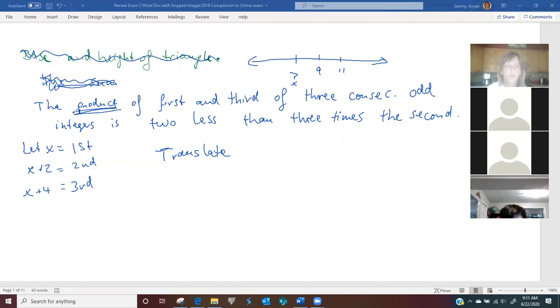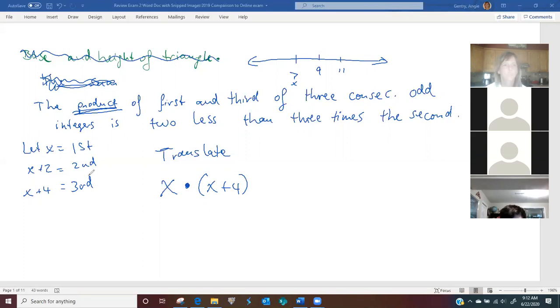So first of all, you need to know what the product means. What does product mean? Multiply. Multiplication. Yes? So you have multiplication of what? The product of, you see, if you label these like you should, this is not going to be a problem. The product of the first and third. The first is x, and the third is x plus 4. You see it? And then you check your work and say, oh, is this the product of the first and third?